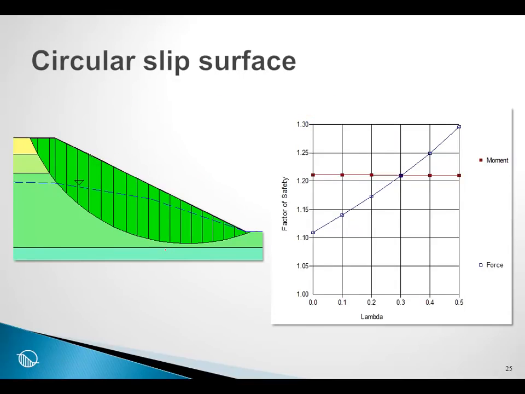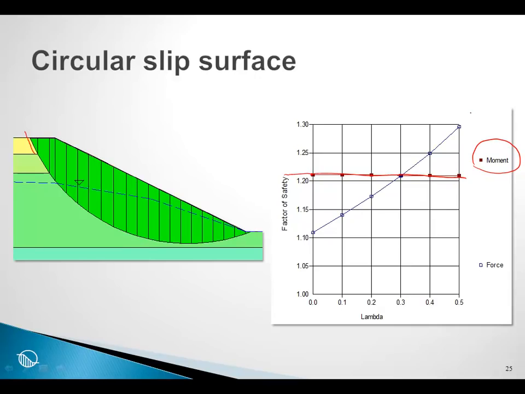Take a look at this case where we have a perfectly circular arc of a circle slip surface. We notice that in this case the moment equilibrium is completely independent of interslice shear. It does not matter what assumption we make about interslice shear, moment equilibrium is not affected by interslice shear.